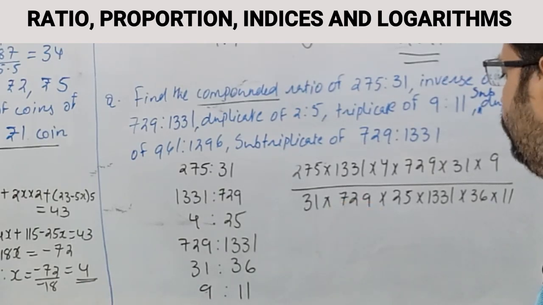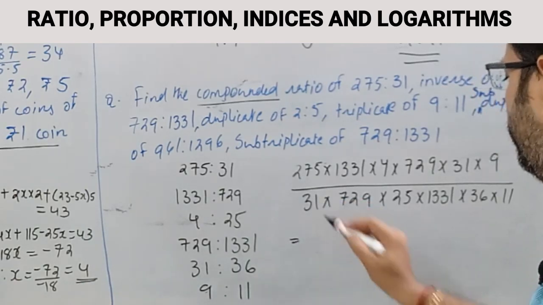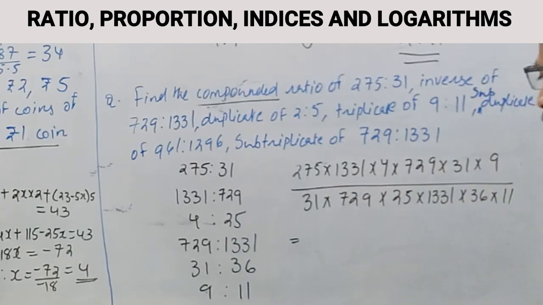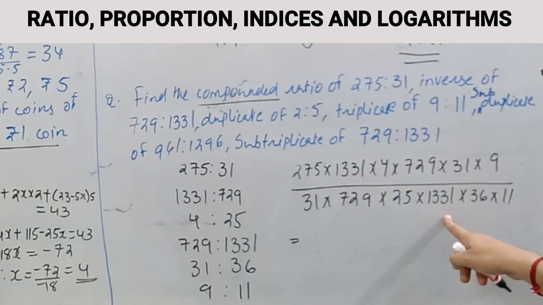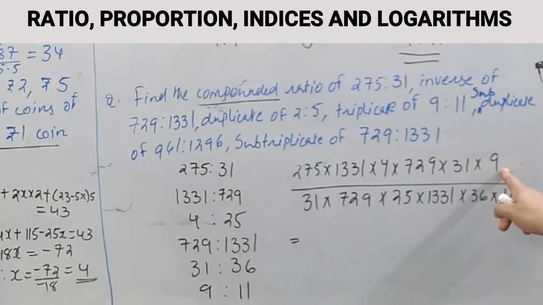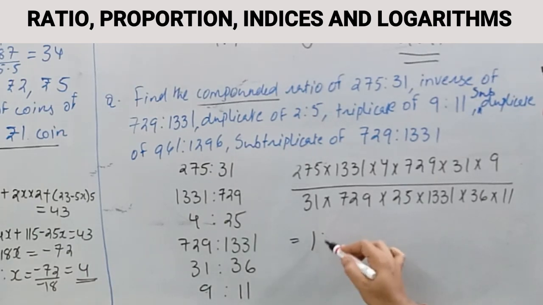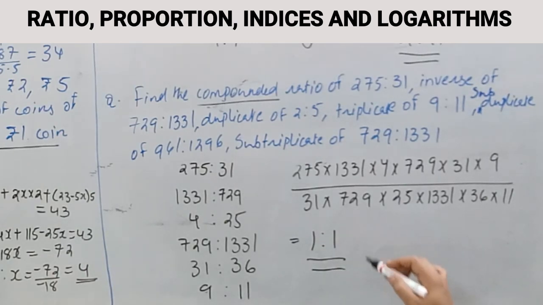We can solve. 31 gets cancelled, 1331 gets cancelled. Then 9 times 4 is 36. After solving, we will get the answer as 1:1.